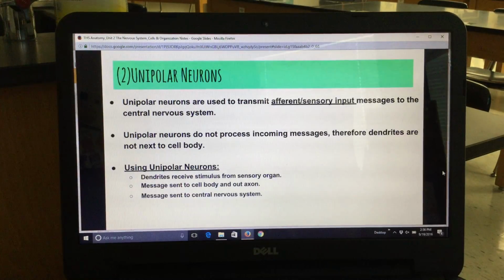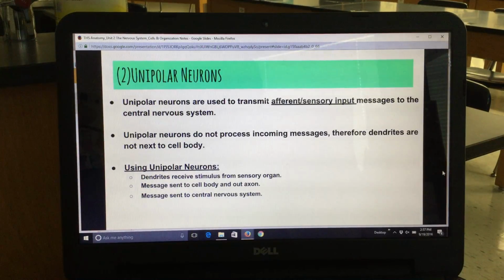to the central nervous system. Now, unipolar neurons are called that because they have a very unique structure or shape to them. Their job is not to process the incoming messages. Their job is to get the messages from point A to B as fast as possible. So because they don't have to process or integrate the incoming messages, that means they don't need dendrites next to their cell body.